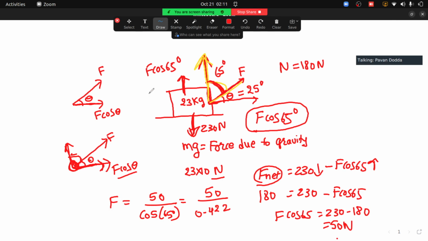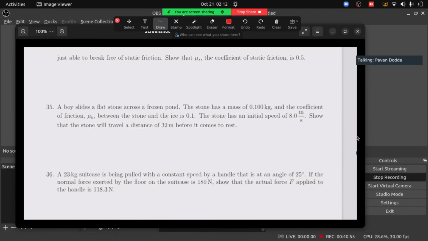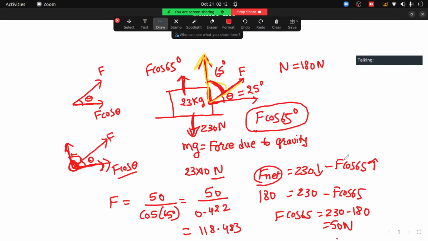It turns out to be approximately 118.483, right? So is this clear about this question? Yes, sir. Now shall I move on to the next one? One second, I will close it. Sure, sure.